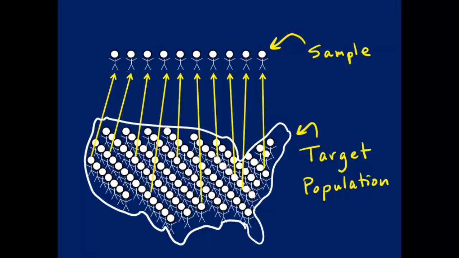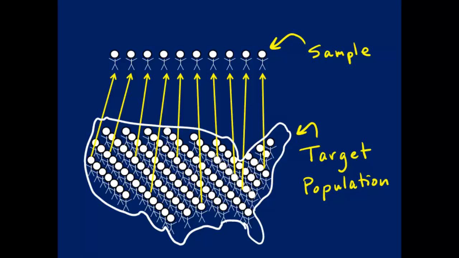Now, when you have a simple random sample, then you can use least squares estimation to find an unbiased estimate of the parameter in the target population that you're looking for, the beta value that you're looking for.